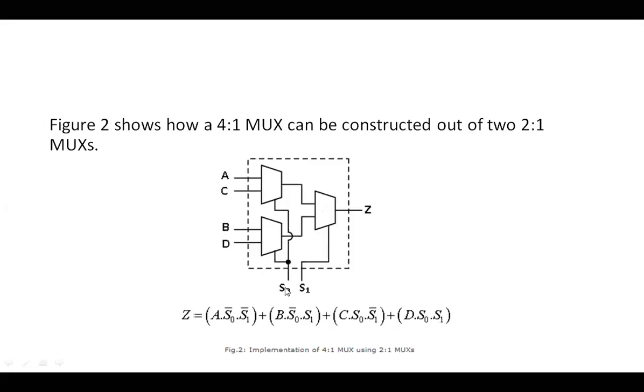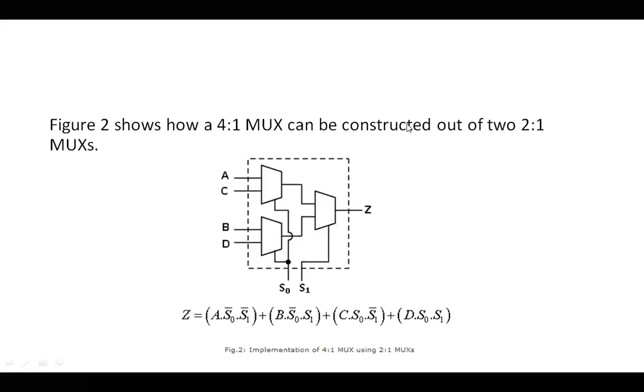Whenever I select the value when S0 and S1 are 0 0, A is going to come across my output Z. Similarly here, this is 0 1, this is 1 0, and this is 1 1, because it is A, B, C, D, right? So it is 0 0, 0 1, 1 0, 1 1. This is the easy way of remembering and writing the equation. So you have your MUX here, you have your equation here.